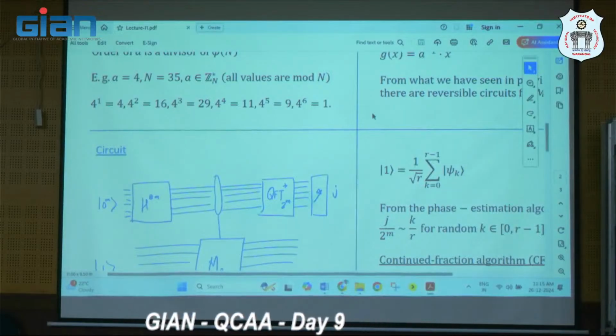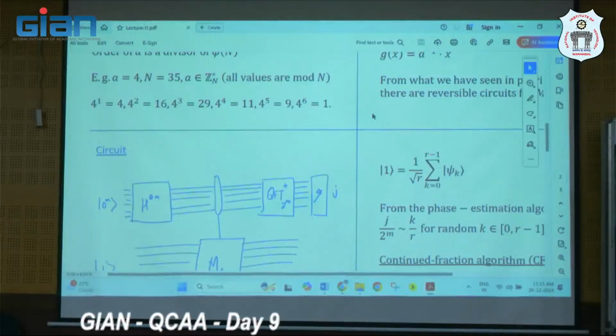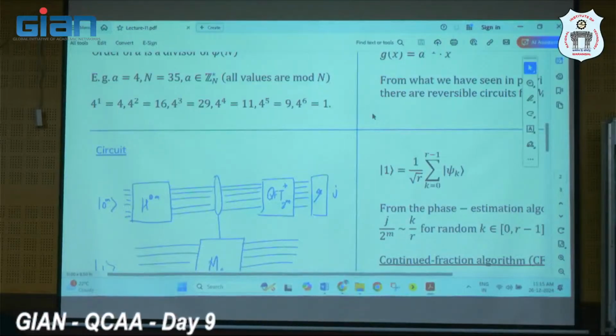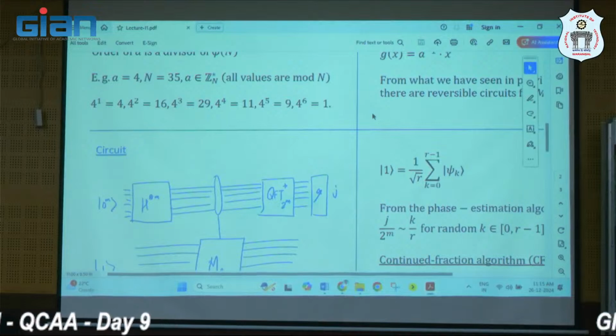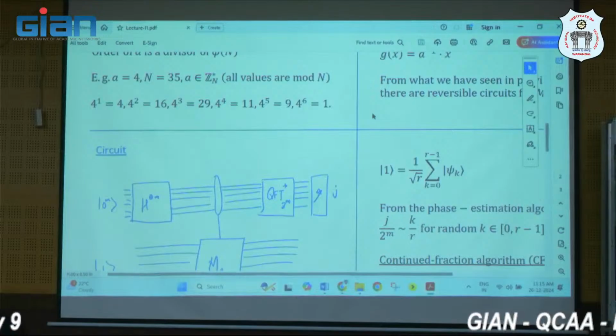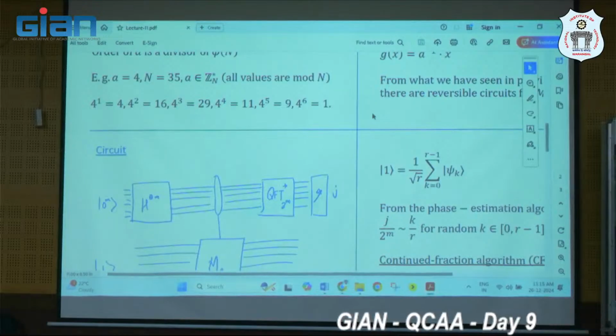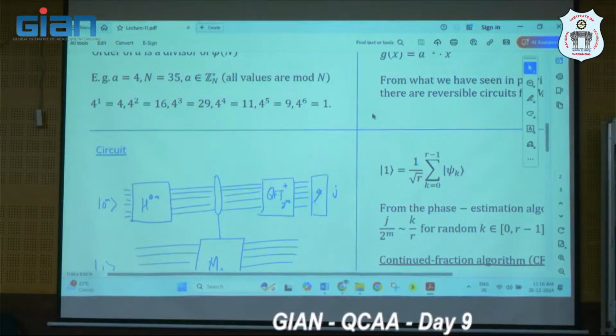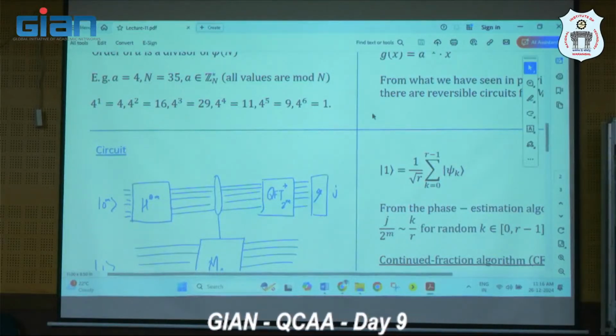So the order of 4 in Z star 35 is 6, because that is the smallest number you have to raise 4 to make it 1. You start from 4. 4 is not 1.